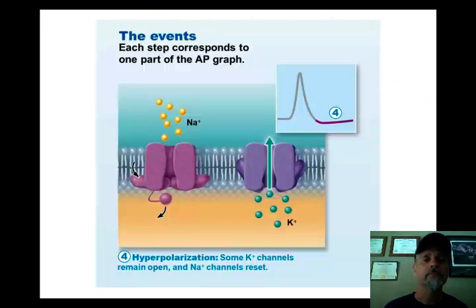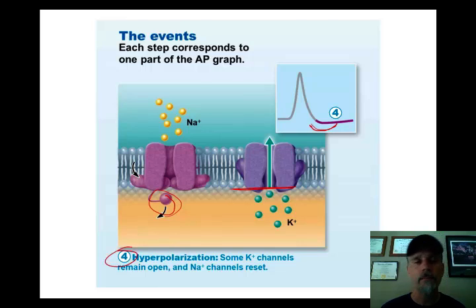Once we get down towards resting membrane potential, our potassium channels are going to close, and the inactivation gates that we see here on our sodium channels are going to reset as well. Now it takes a little bit of time for all these different gates to close for the potassium channels, so we get this overshoot that's right there, which we said is hyperpolarization.